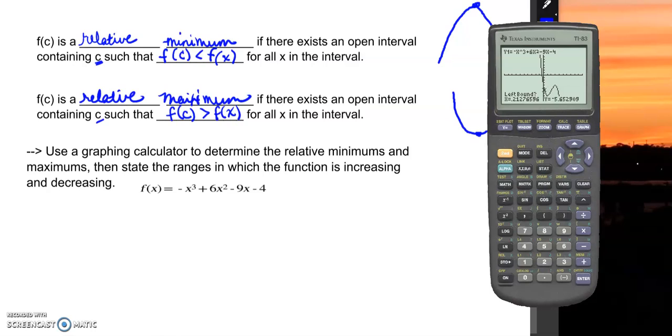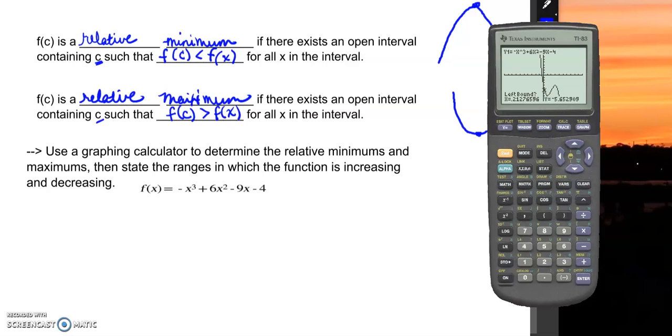For example, this could loop up and down all the way across the screen. So it wants to know which one of the relative minimums you want. In this case, there's only one, but the way the calculator is designed is that you tell it which one. And the way you do that is you make sure that the flashing cursor on your screen is on the left side of the minimum that you're trying to find.